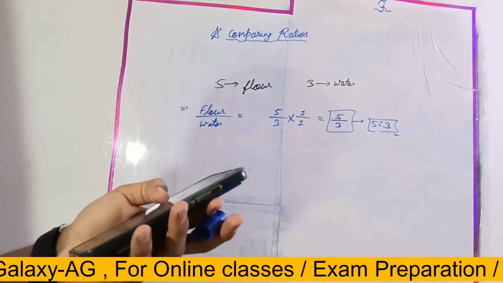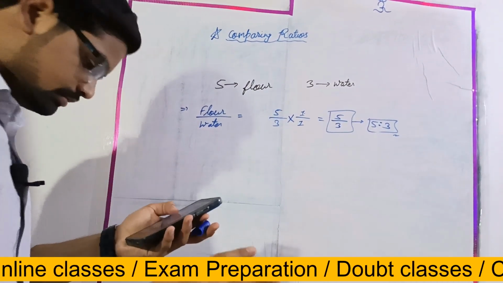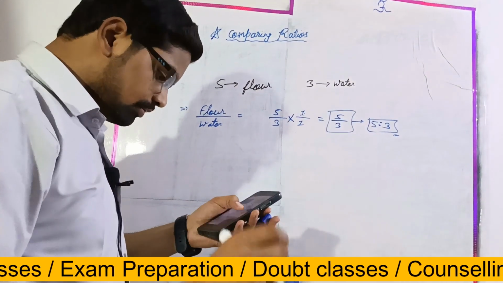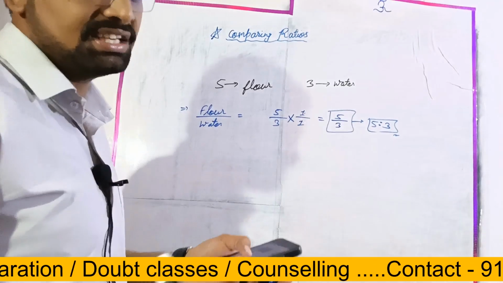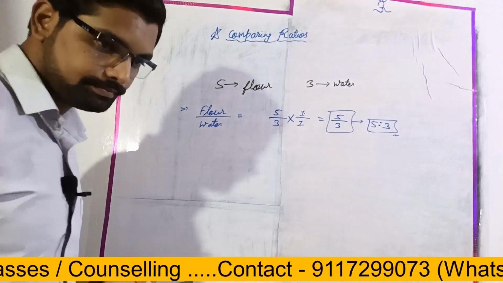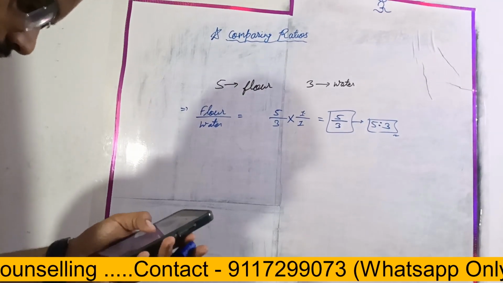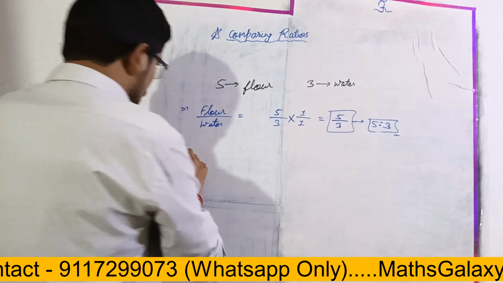Now the next question: Sunny wants to make 5 portions of dough. How many cups of flour and how many cups of water does she need to make 5 portions? We have to multiply, so it will be 5 into 5 and 5 into 3.